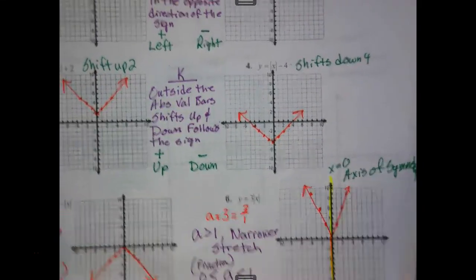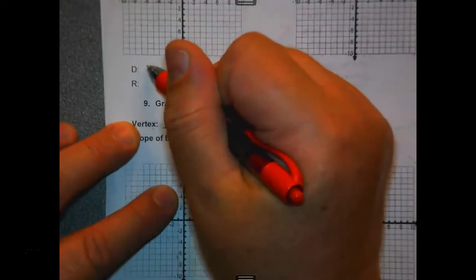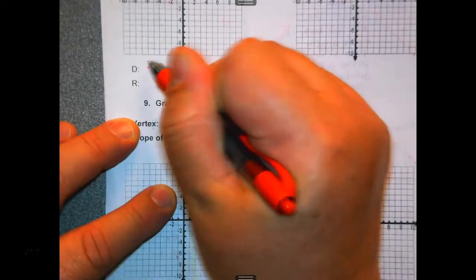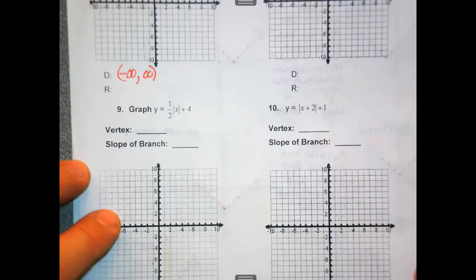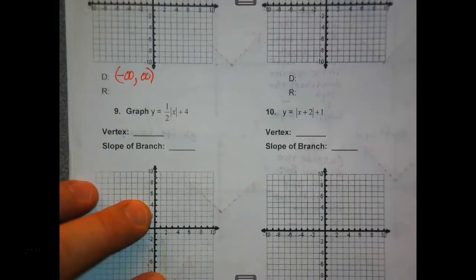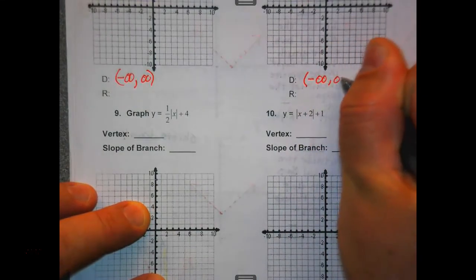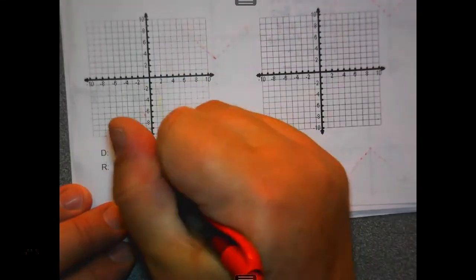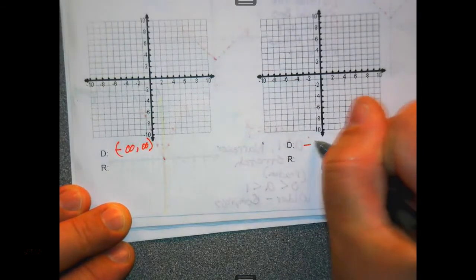Negative infinity, right? Where's it going to end up? Positive infinity. So for this course, your domain for absolute value functions is always going to be negative infinity, positive infinity.